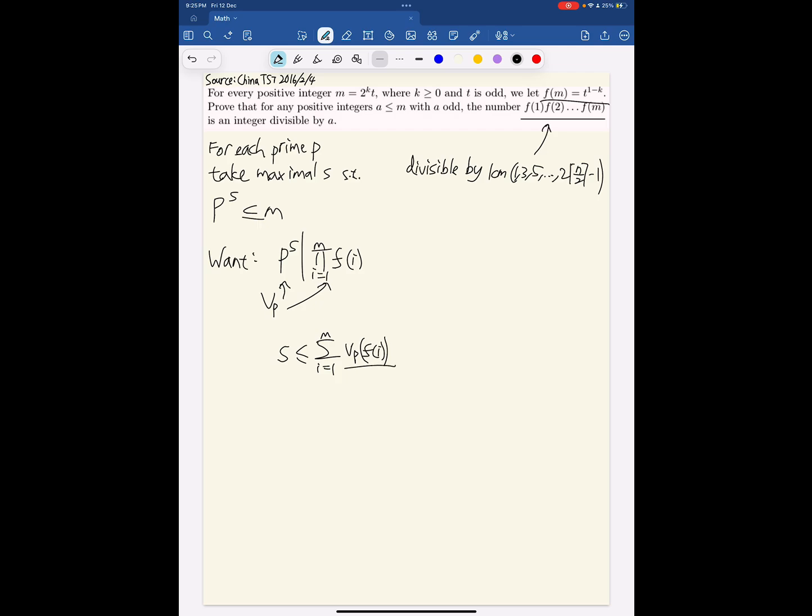Honestly, does this look kind of simplifiable to you? It does to me. So how do we simplify this? Well, obviously, this is 0 when m has nothing to do with p. So if m isn't a multiple of p, we can just ignore it. Let's rewrite it like this.